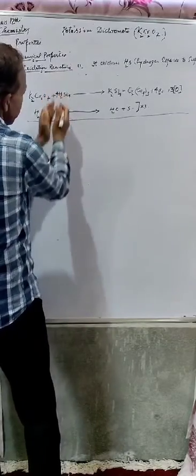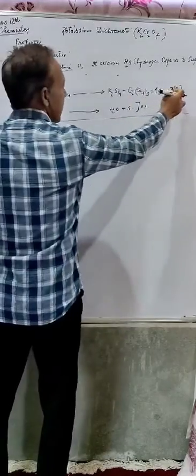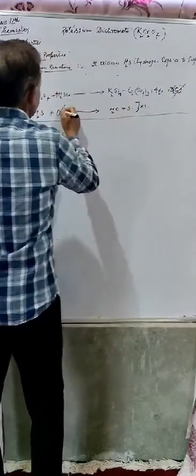So when we add the two half reactions, thrice nascent oxygen and thrice nascent oxygen on both sides will cancel.